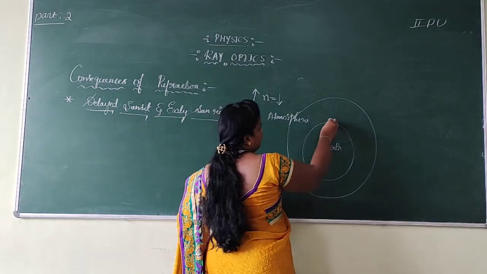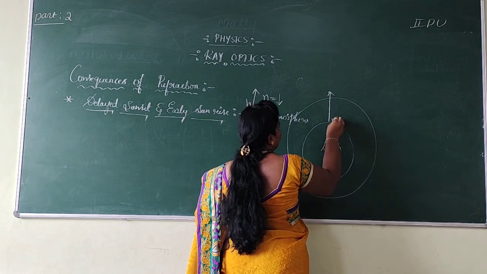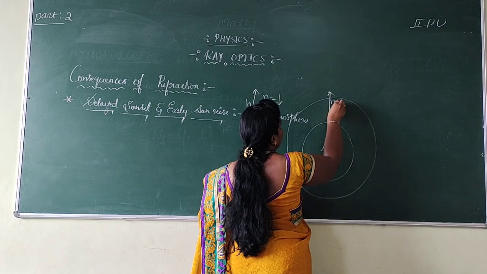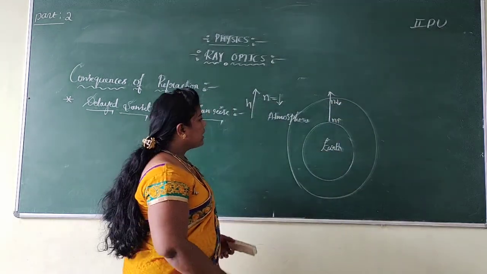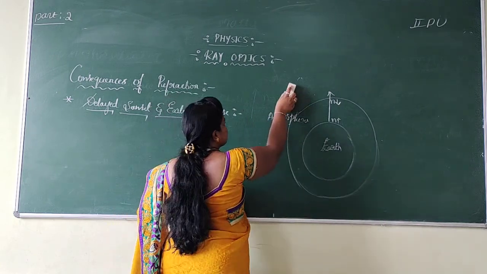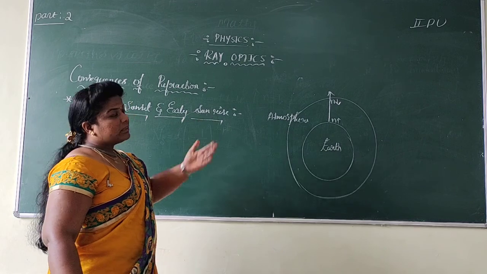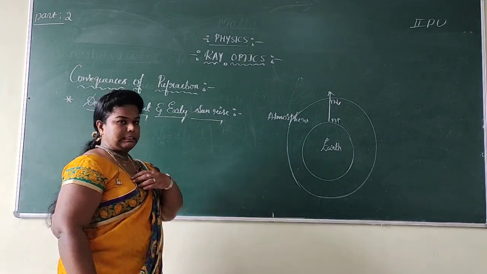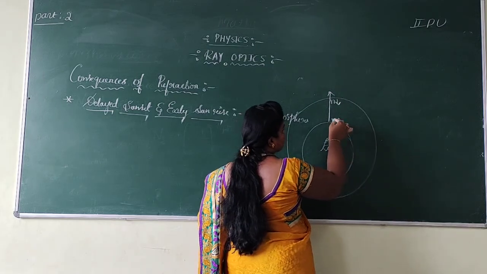See, this is the Earth. As we move above the Earth, here the refractive index is more and here the refractive index is less. It means the optical density is more near the Earth's surface and less at the outer atmospheric layer of the Earth. So this becomes the rarer part and this becomes the denser part.